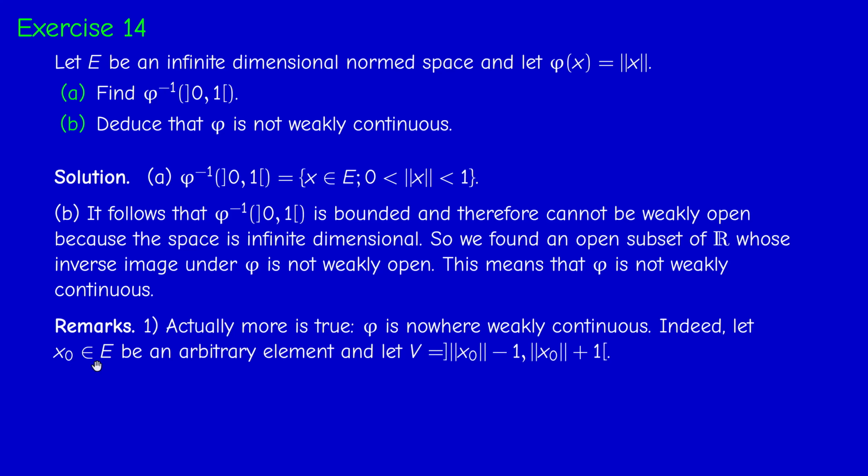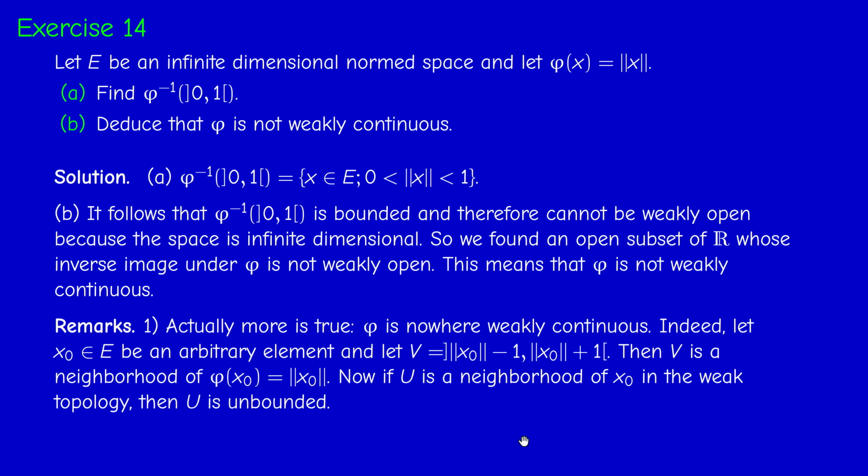Pick any point x0 in E and consider the neighborhood of the norm of x0, or phi of x0: phi of x0 minus 1, phi of x0 plus 1. This is just an open subset of R. So this is a usual open neighborhood of the norm of x0. Now, if U is a neighborhood of x0 in the weak topology, then as we said, U is unbounded.